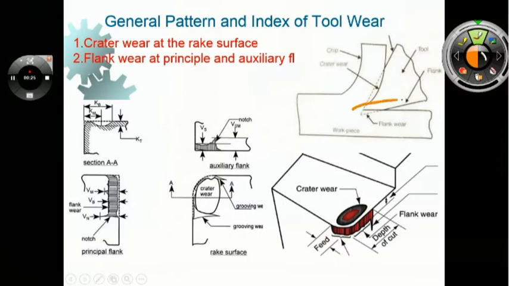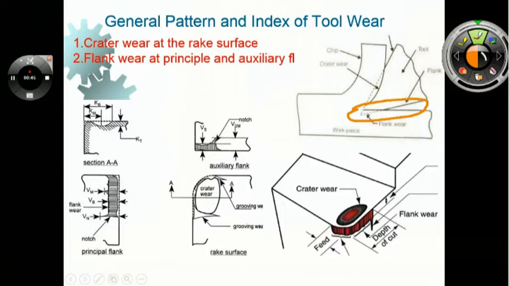In the figure you can see this is your flank surface, and some of the particles that overflowed from here to here may abrade the flank surface, and the wearing takes place on the flank.